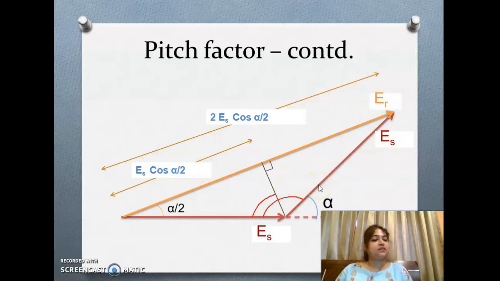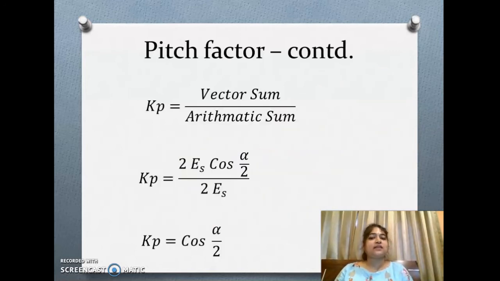So we can say that the phasor sum of the short pitch coil is twice ES cos alpha by 2, where ES is the EMF induced in one conductor. Now let's take the ratio for pitch factor. Pitch factor is given by vector sum to the arithmetic sum. Vector sum we just got as twice ES cos alpha by 2. And what is arithmetic sum?